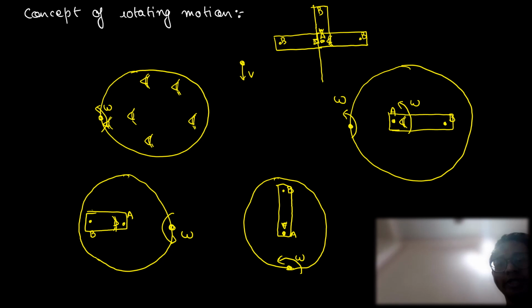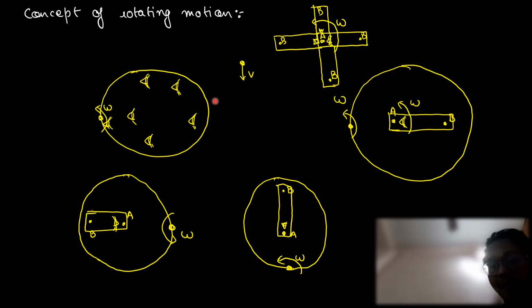Similarly, at the fourth position, observer A, observer B. So can you see? With respect to A, even B is rotating with angular velocity omega, because B will come back to the same position after one complete rotation, or one complete revolution. So from the frame of reference of A, even B is rotating with angular velocity omega.